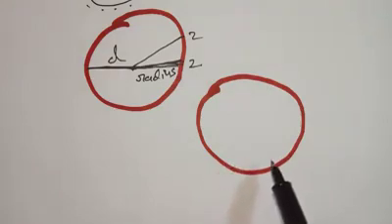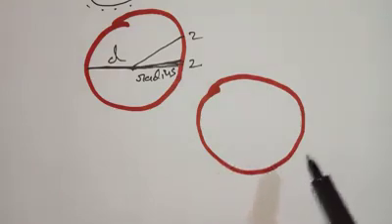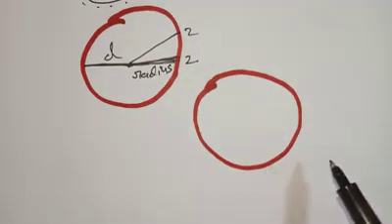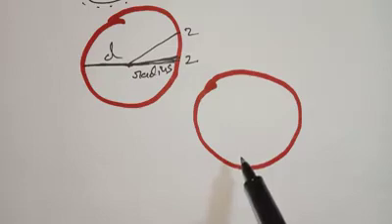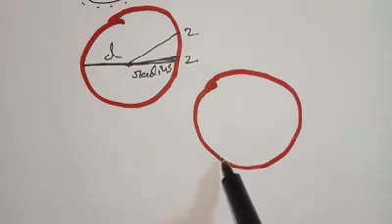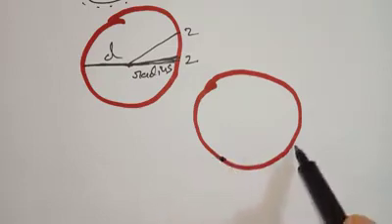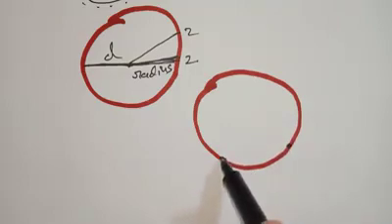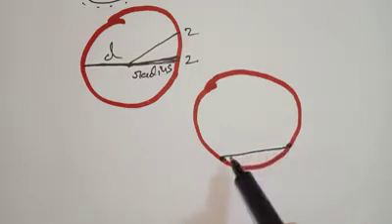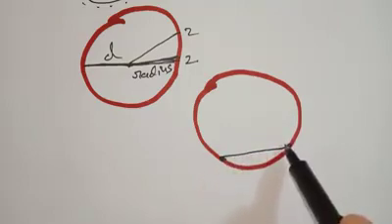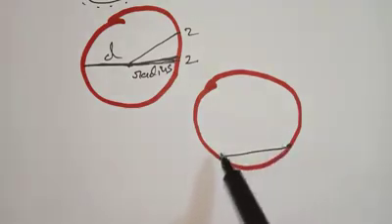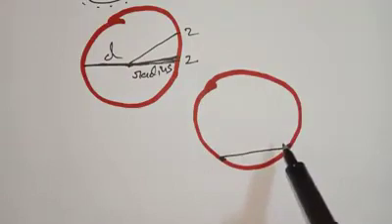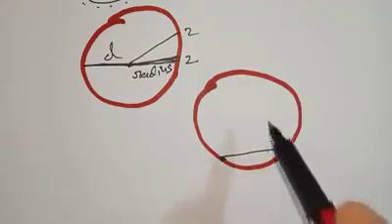Any line segment which joins two points of a circle is called a chord, right? So these are the two points joining on the circle, and that is called a chord.